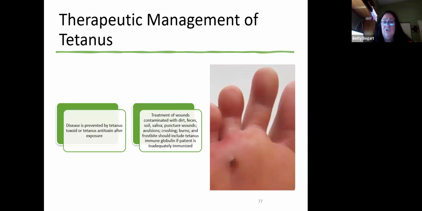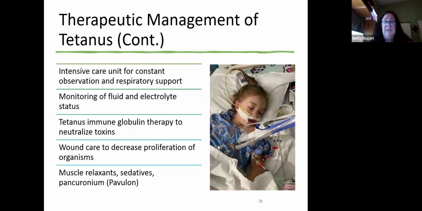Again, make sure you treat the wound, and IVIG will help. Again, respiratory wise, they're going to go, right? So again, monitor the respiratory status. Fluids and electrolytes, always, you don't want too much swelling on the brain. Make sure that tetanus toxoid therapy is going on.